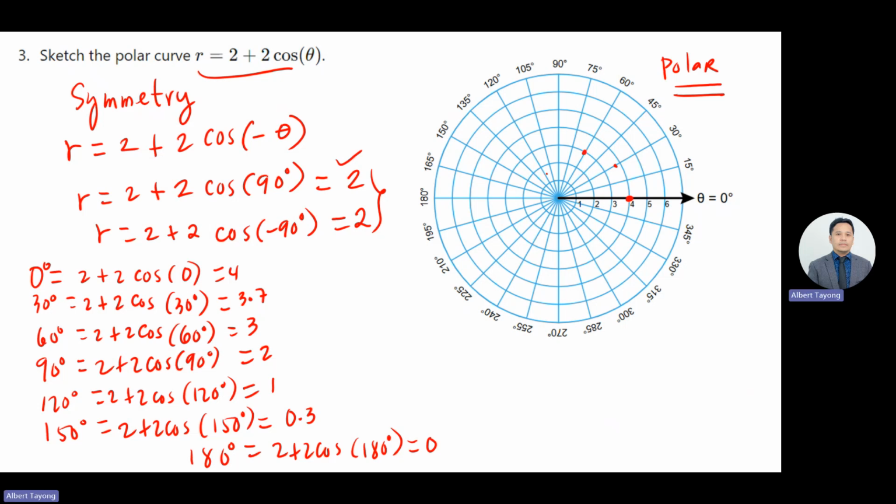And 90 is 2. 1, 2. 120 is 1. This is our 120. 1 is here. And our 150 is 0.3. So approximately here. And 180 is 0. Okay. So if you're going to connect that, it's going to be like this.